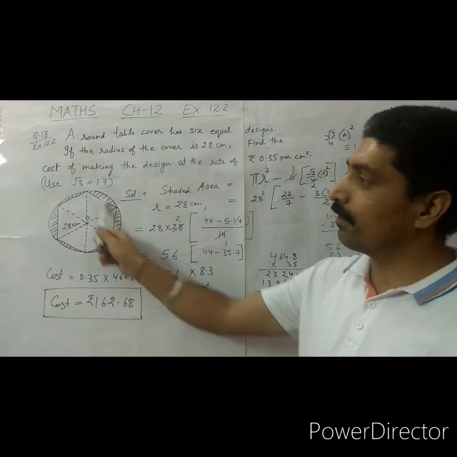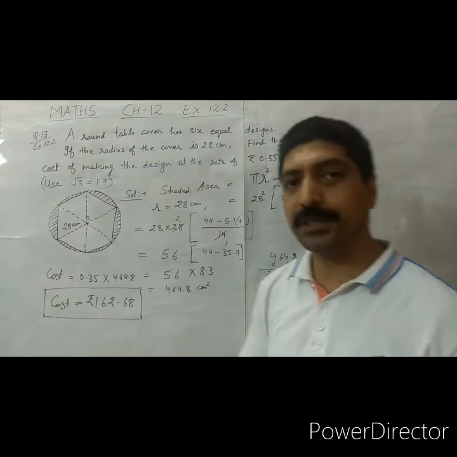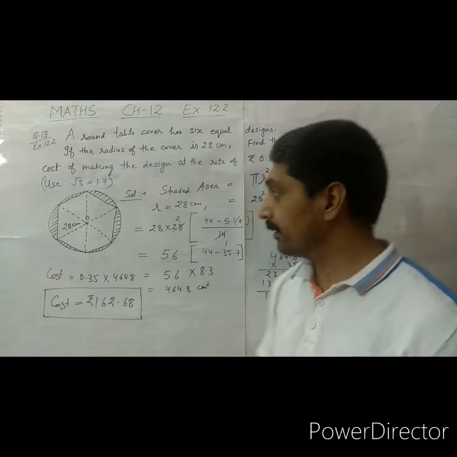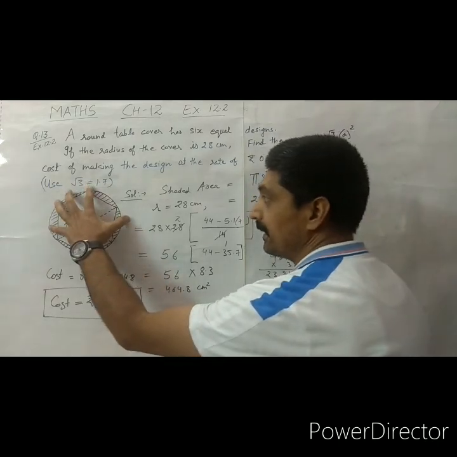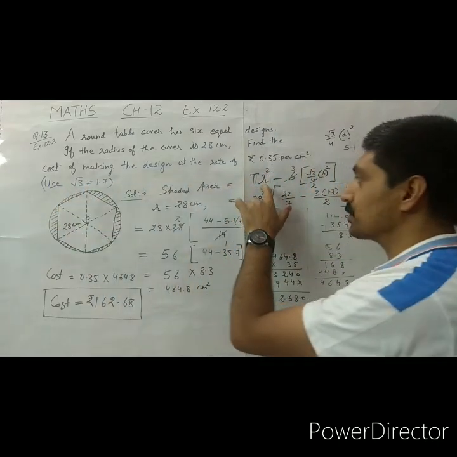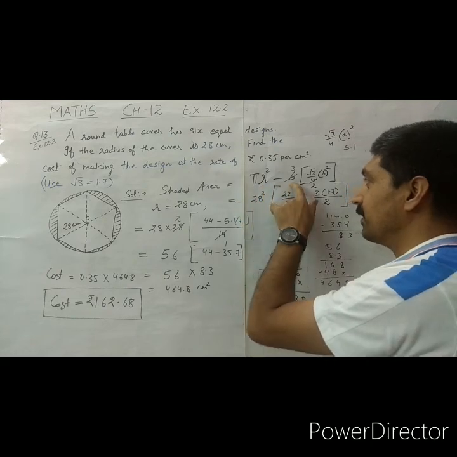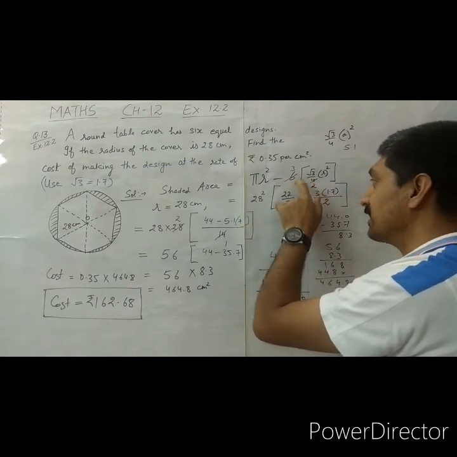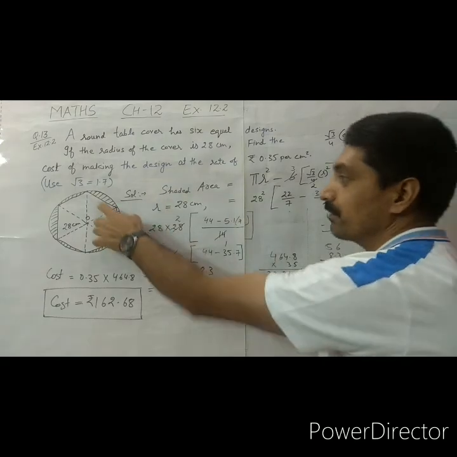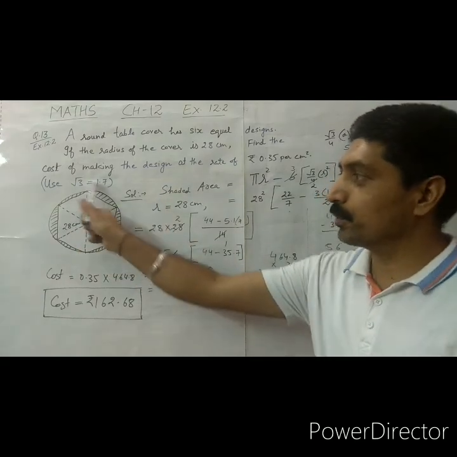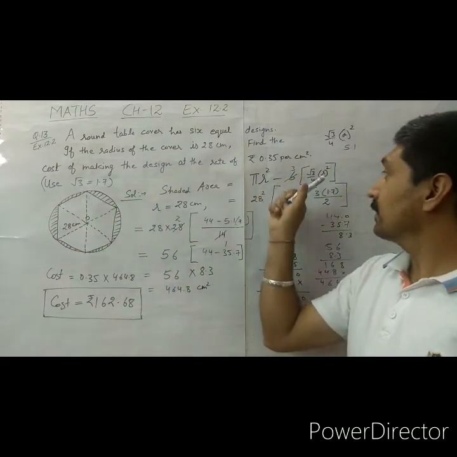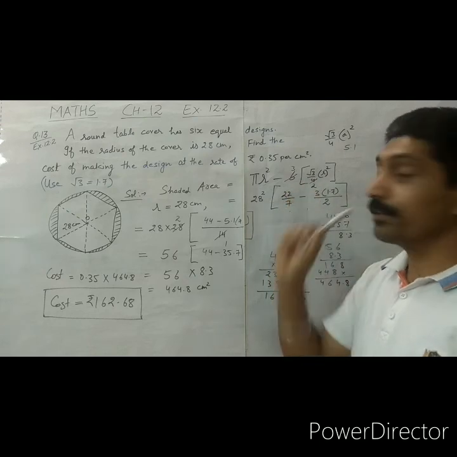So here side of this triangle is 28 centimeter, and from the complete area, that is pi r square minus area of 6 such equilateral triangles. So shaded area is equal to area of the circle minus these 6 equilateral triangles.